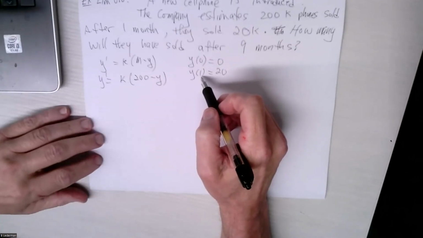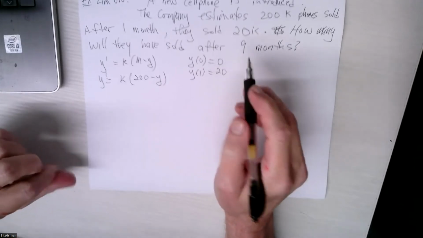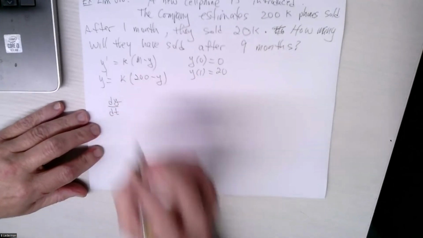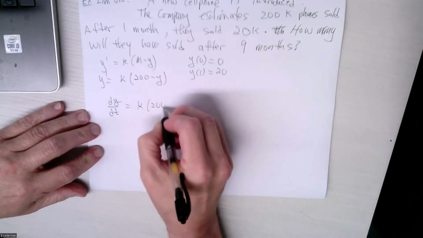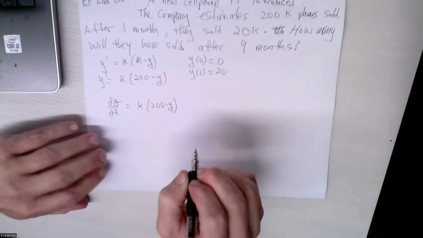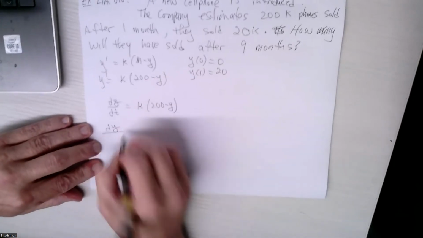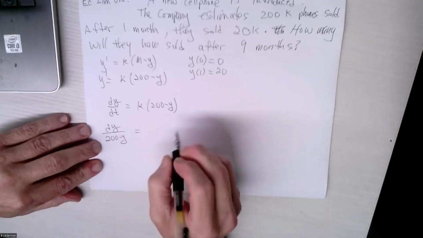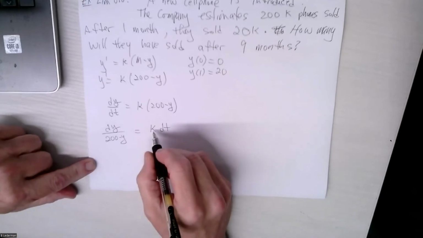So we want a differential equation now: dy/dt equals k times 200 minus y. Now I'm going to separate. I get dy over 200 minus y equals k times dt, and k is just a constant.